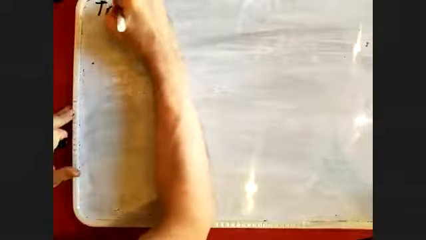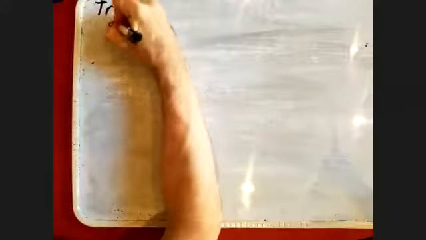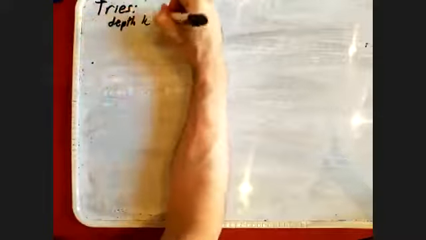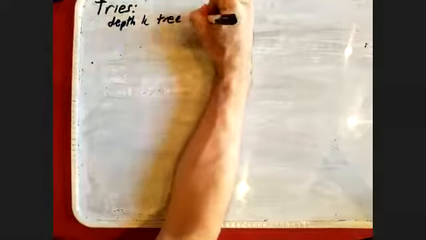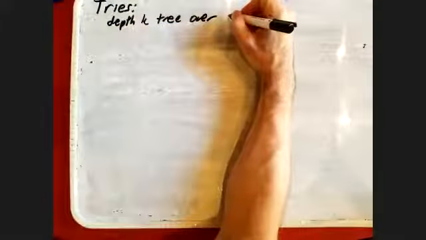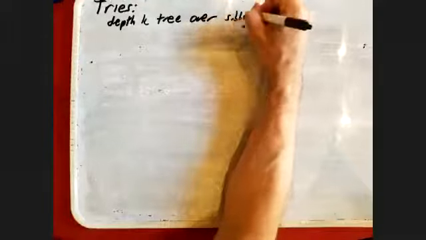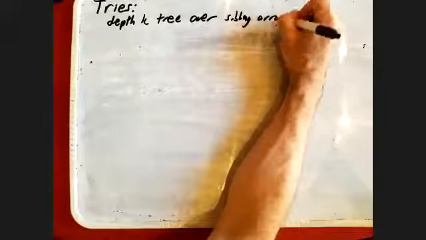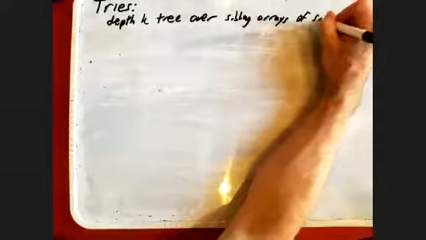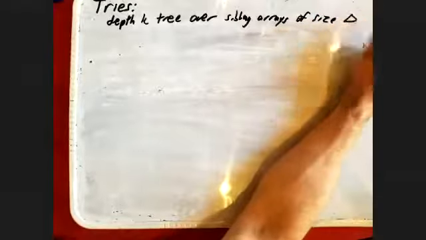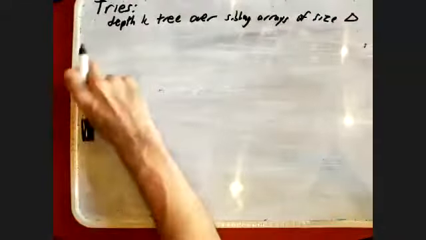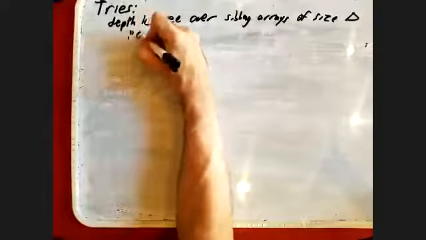It's to something called tries. So a trie is basically a depth K tree over sibling arrays of some size delta. And so basically these are degree delta trees.